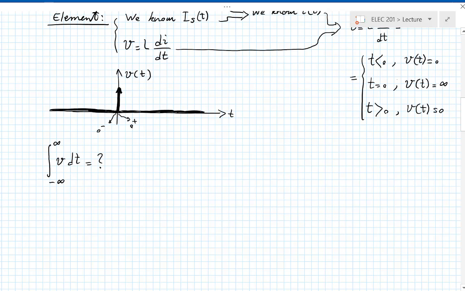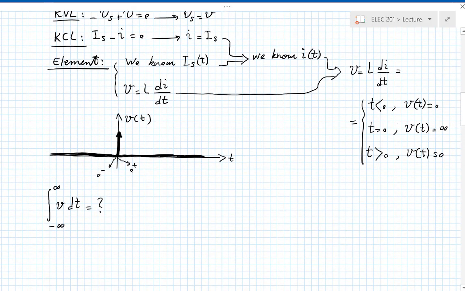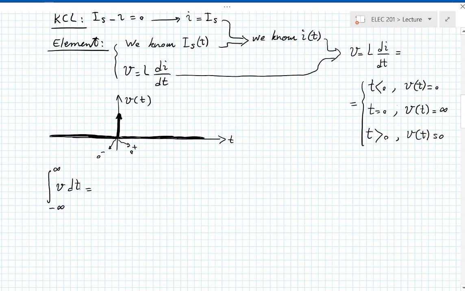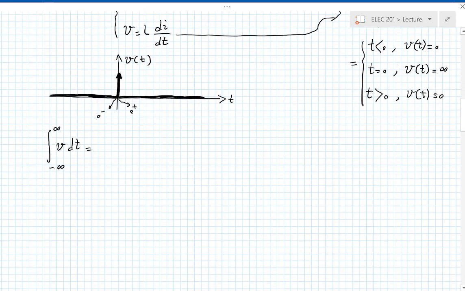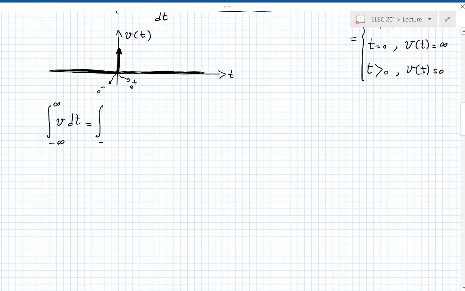Take the integral, by the way. You don't need to guess. You have the function v. Because my function is defined in 3 different segments, maybe it's easier to do it once from minus infinity to 0 minus, then between 0 minus and 0 plus, and then between 0 plus and plus infinity.